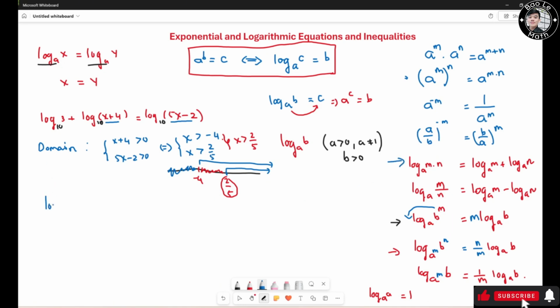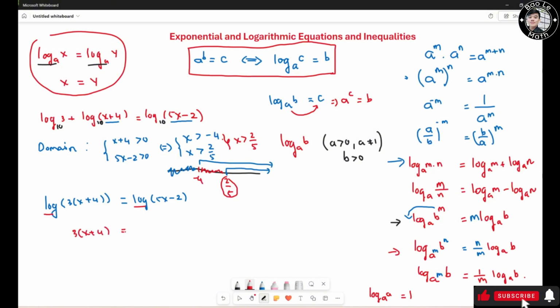So I have log of 3 times s plus 4 like this equals log of 5s minus 2, right? Now, both sides have the same log and then same base 10, right? Base 10. So you just use the formula right here. You equate s and y, right? S in this situation is going to be 3 times s plus 4. And then y in this situation is going to be 5s minus 2. And you just solve multi-step equation and you're done, right?